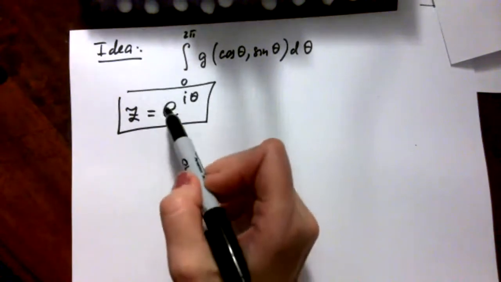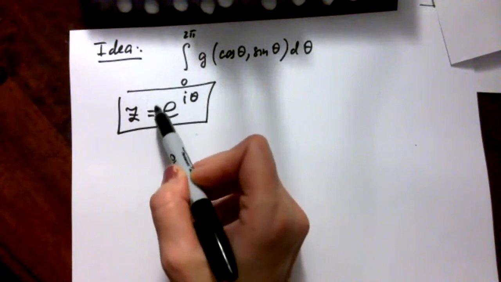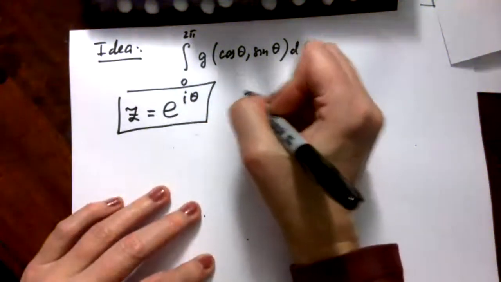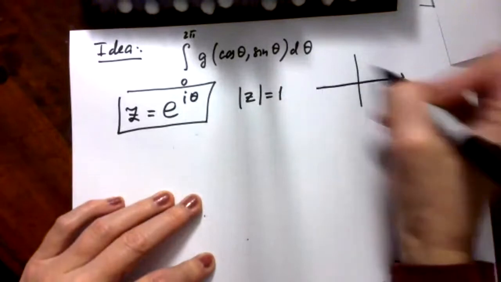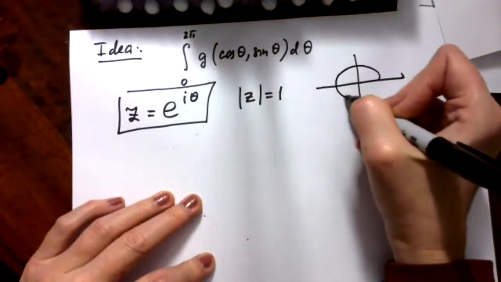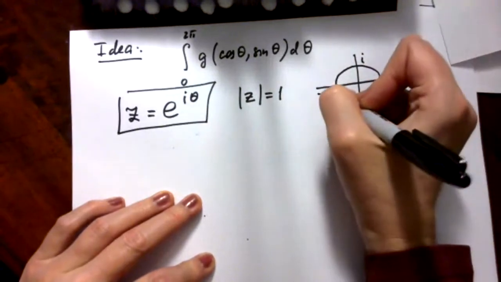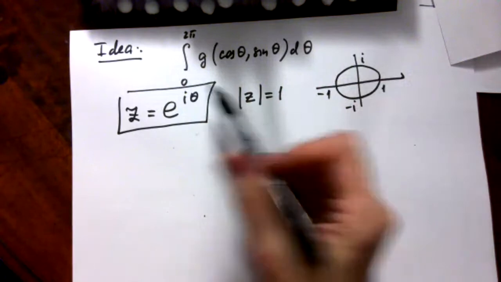But maybe you already noticed that there should be a term here in front. In our case, it's 1. It means that we are going to use the contour modulo z is equal to 1. This contour depicts the circle of radius 1 with the origin as a center.